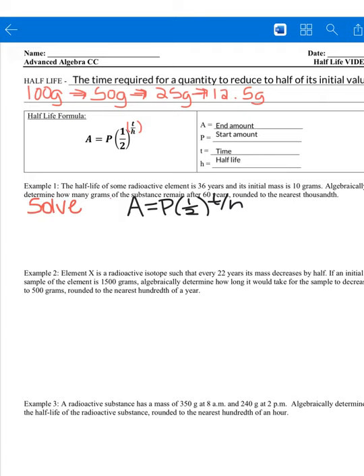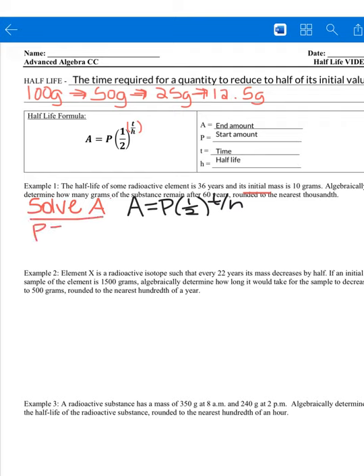So you have to think, is that going to be the end amount, the starting amount, the time, or the half-life? How many grams? That's not a form of time, so it's not T or H. So it's between A and P. Is it how much it's ending with or how much it's starting with? If you read the question, it says it's starting with its initial mass, right? That's what initial means, is 10 grams. So you are solving for A here.